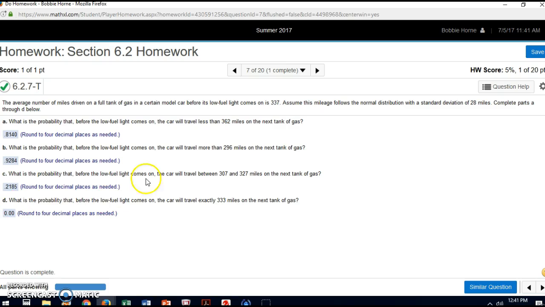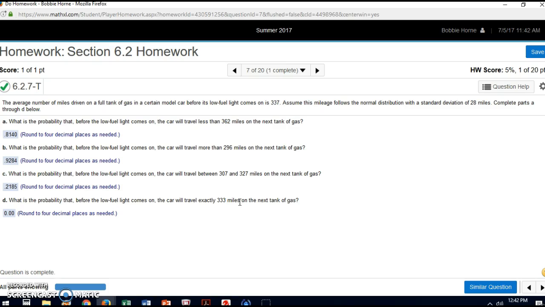And then the last one, what is the probability that before the fuel light comes on, the car will travel exactly 333 miles on the next tank of gas? That is just 0, because we're saying that it will travel exactly a certain amount. Our probability is covering up to.